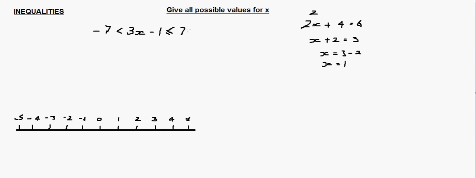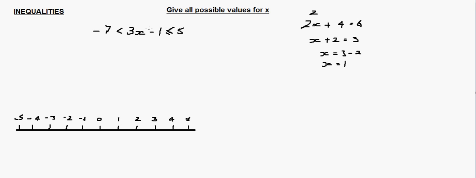And in fact I'll change this number as well. I'll make this 5. Okay, so 3x minus 1 is greater than -7, but is less than or equal to 5.